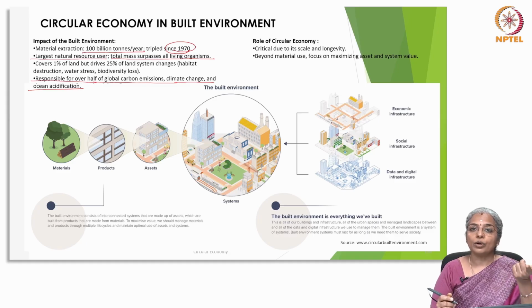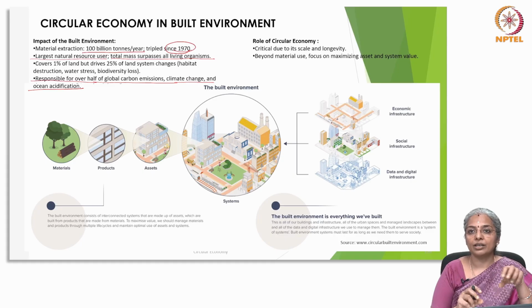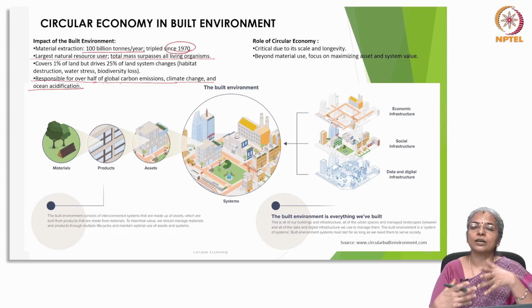Now, if you look at the habitat destruction, water stress, biodiversity loss, all of this is related to how we are using the land. So, what is the role of circular economy in all this?